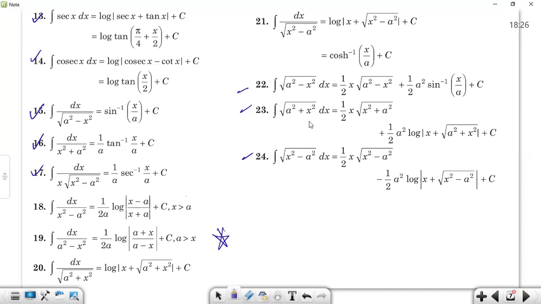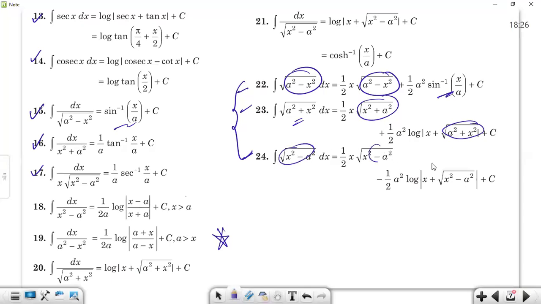There is a particular pattern in these formulas. Let's discuss these three formulas. The same is written here, the same is written here, and a square minus x square. So this is somewhat similar to sine inverse of x. This is similar to this, this is similar to this, and these remaining things are similar, so all three are similar. You can remember them just by understanding the formula.